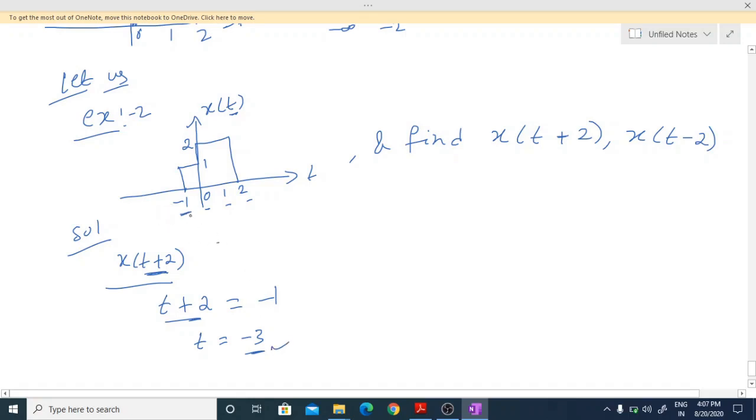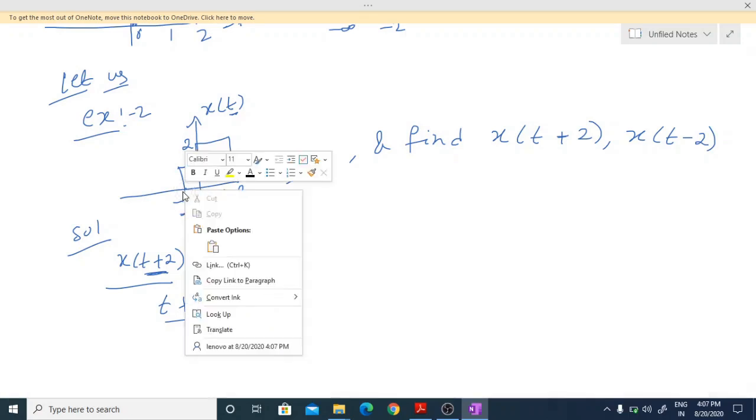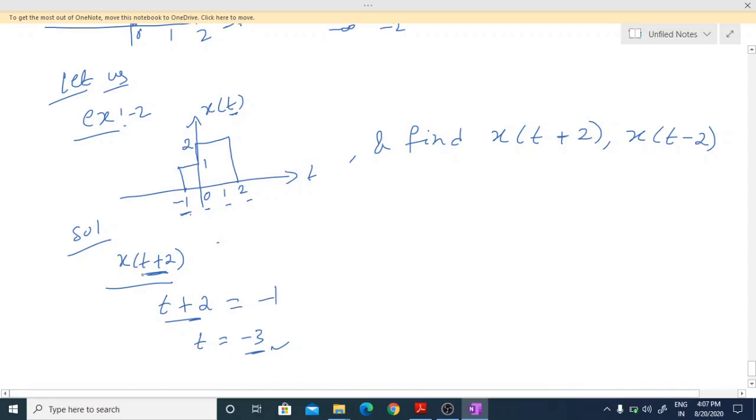In the original signal x of t the starting position is -1, but after time shifting using x of t plus 2, the corresponding starting position will be shifted towards the left side to the position -3.